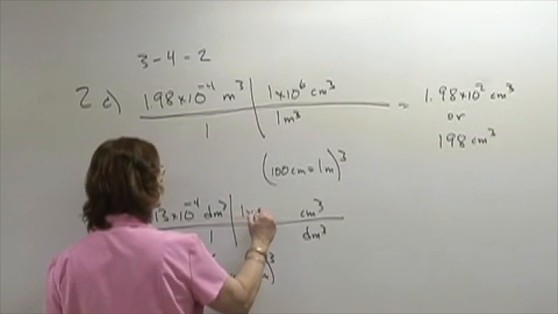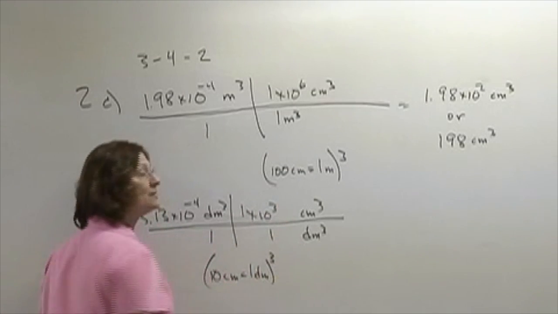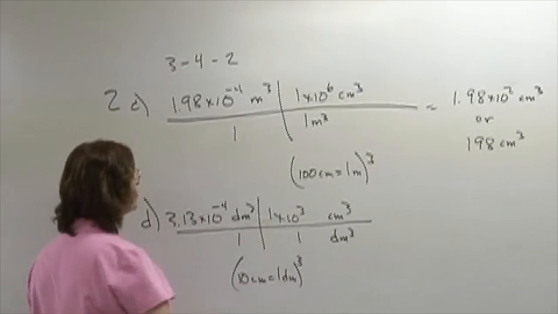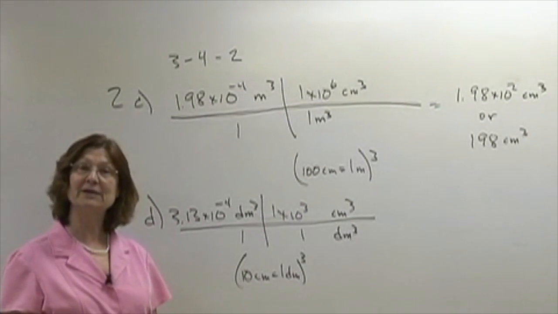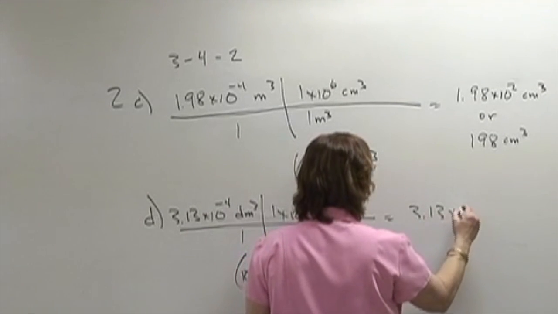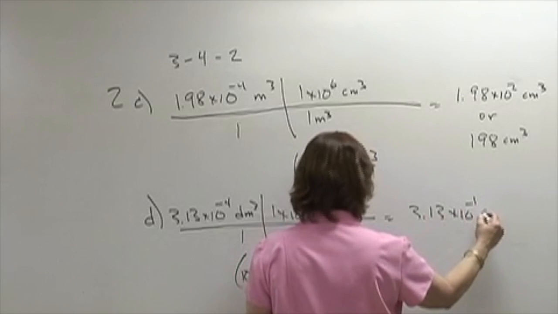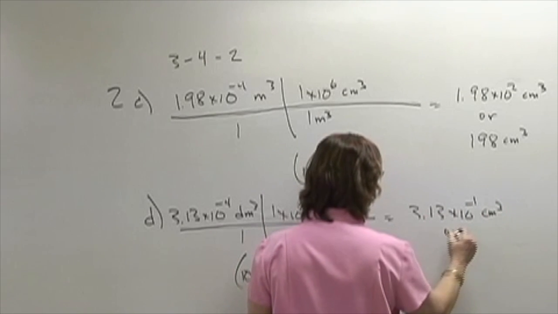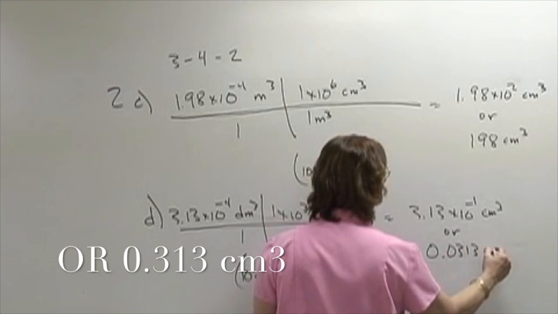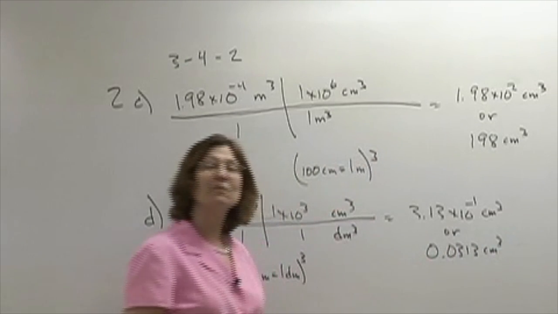So I have 1 times 10 to the 3 centimeters cubed is equal to 1 decimeter cubed. When I'm multiplying my exponents, I have minus 4 plus 3 is minus 1. And therefore, I have 3.13 times 10 to the minus 1 centimeters cubed, or 0.0313 centimeters cubed. Either number would be fine.